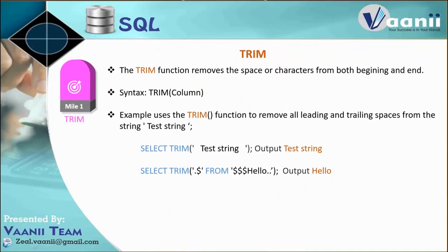For example, if I have to remove the dollar from this word, or if I have to remove the dot and dollar, then we can just use TRIM and remove all these characters.